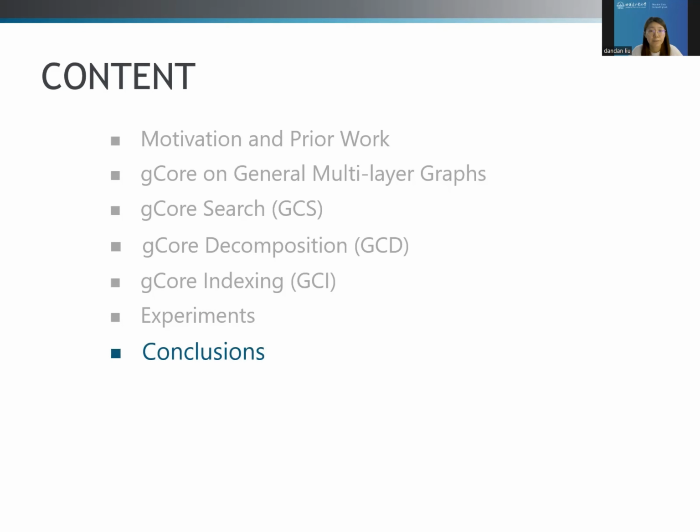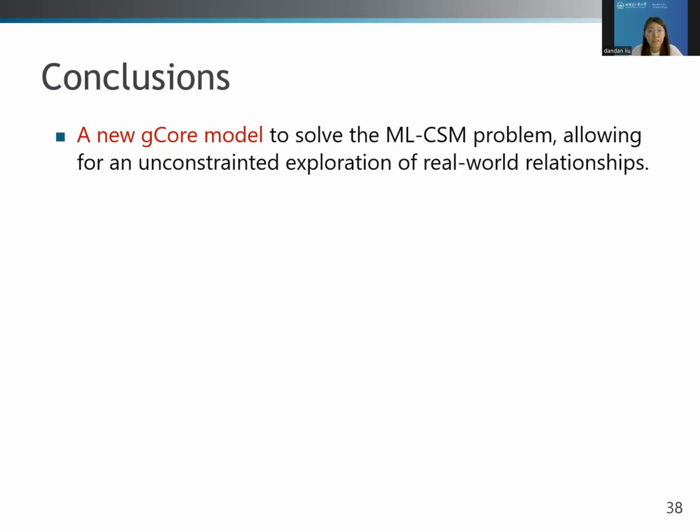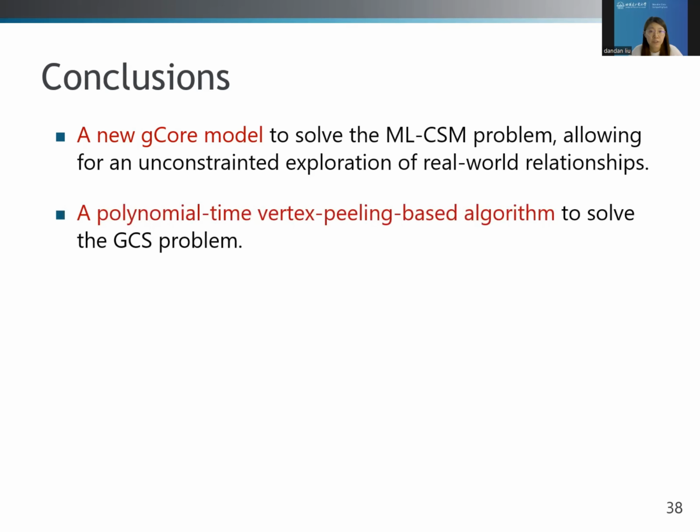Now, let me briefly conclude our work. We propose a novel G-core model for general multilayer graphs. It offers an unconstrained exploration of both homogeneous and heterogeneous entity relationships. An efficient polynomial time peeling approach is proposed to solve the G-core search problem.